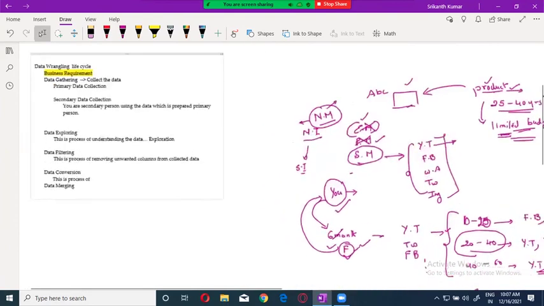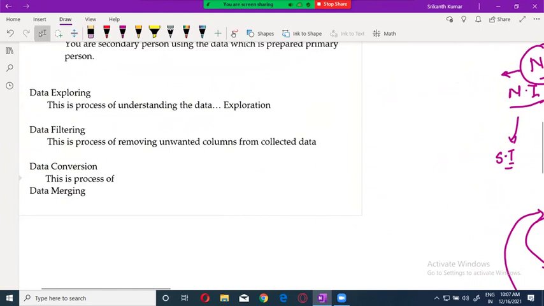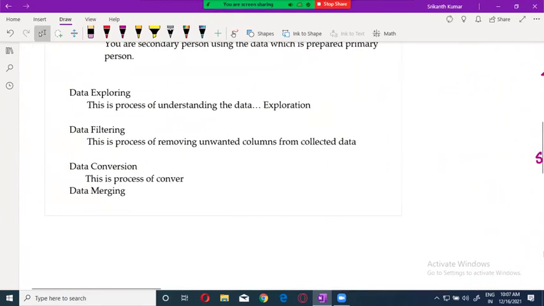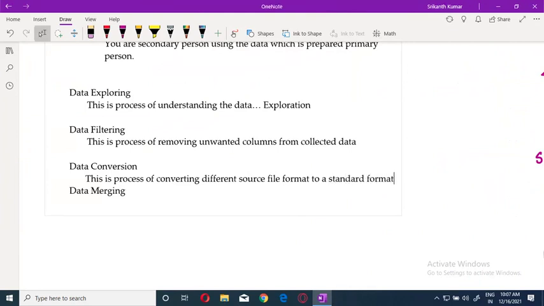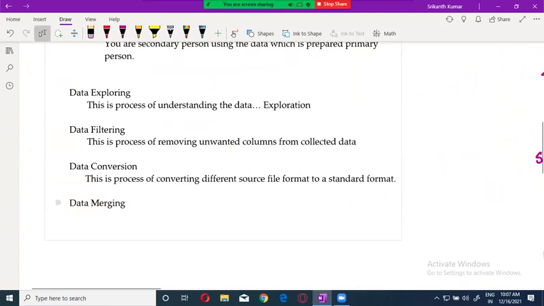This is the process of converting different source file formats to a standard one.